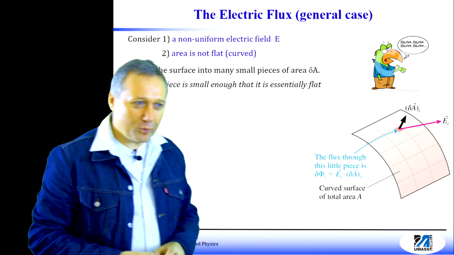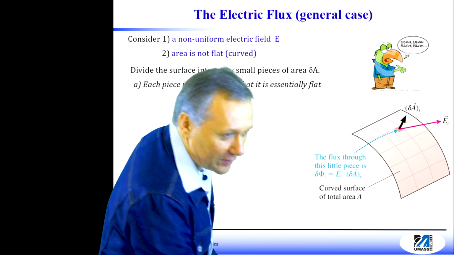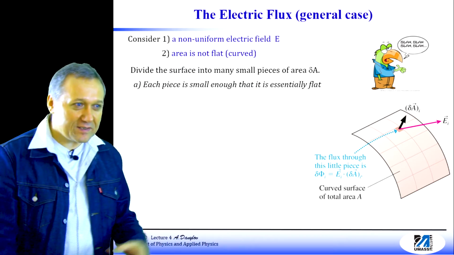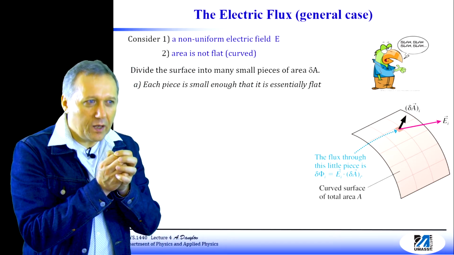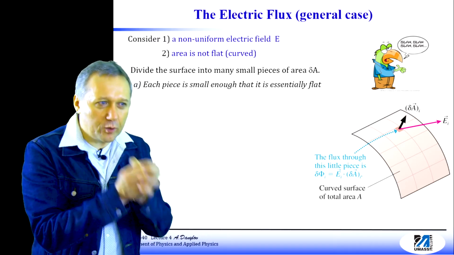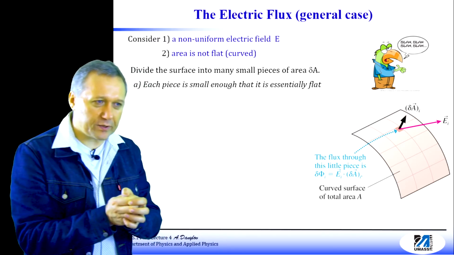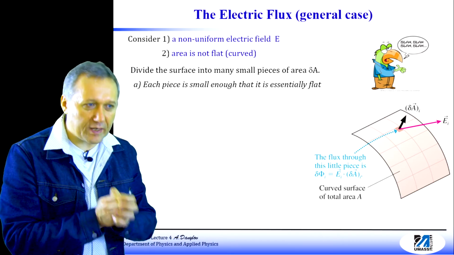The surface of your room cannot be flat. But since it's so small, infinitesimally small, in that limit I can claim with an extremely good approximation that I can treat my room as being flat.